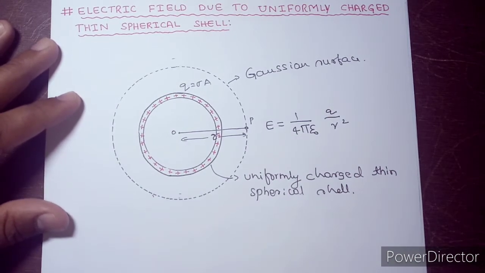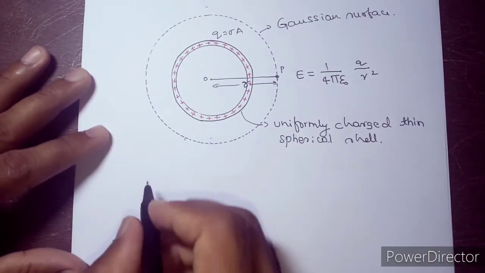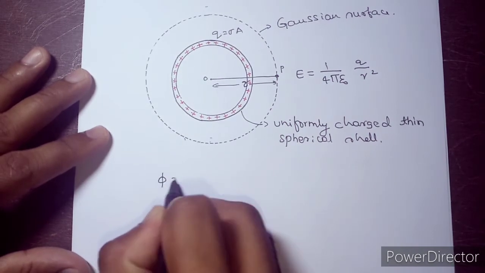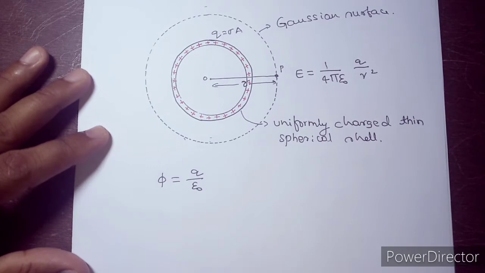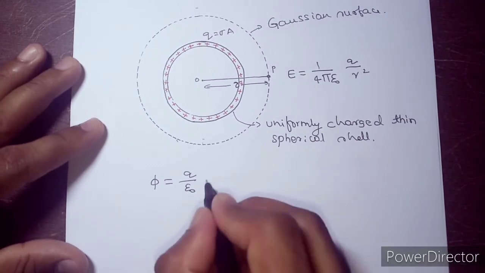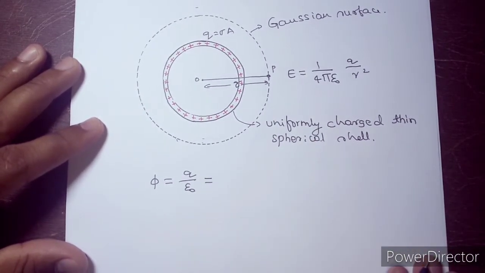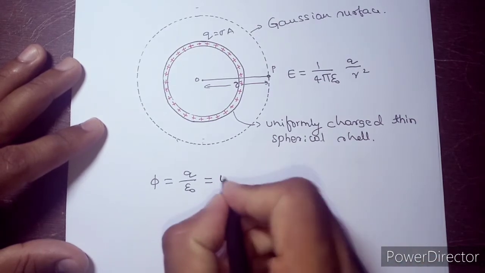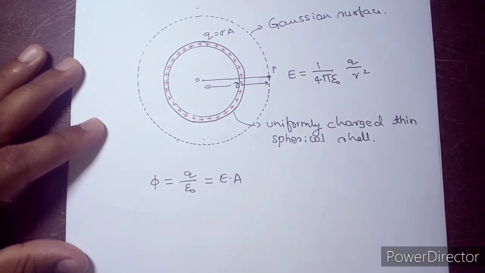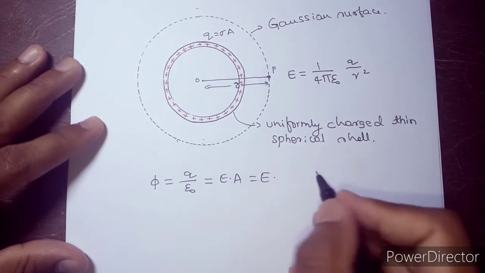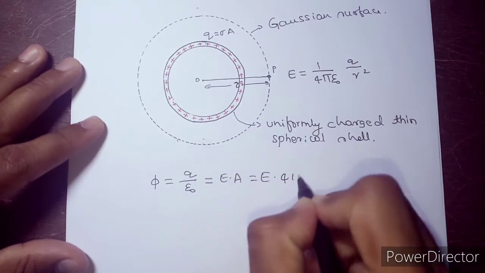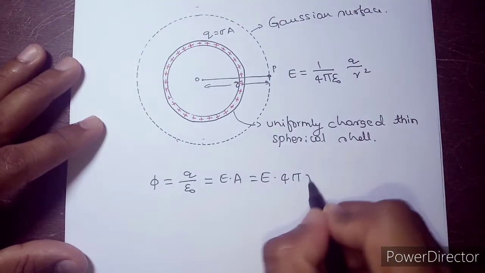How did I get this? From Gauss law we know phi is equal to Q by epsilon naught, right? So that is equal to E into area. E into area is how much? 4 pi r square, the surface area of the spherical shell.